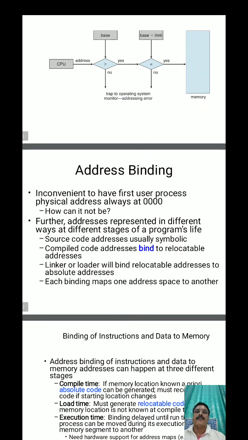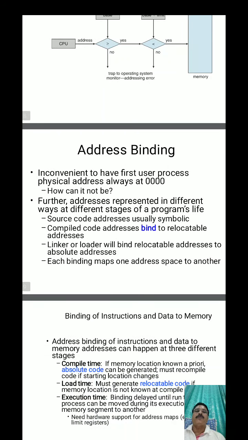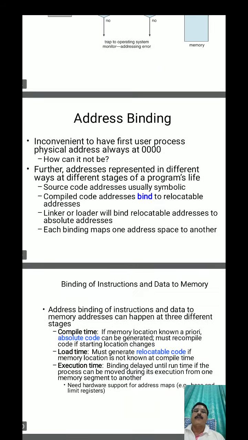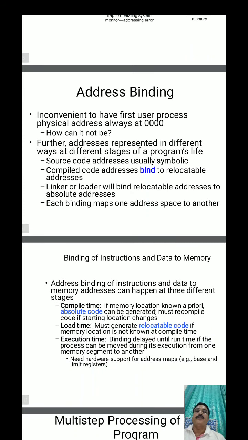Now let's move on to the next point, that is address binding. It is inconvenient to have the first user process start physically at address 0, because at address 0 normally the resident monitor program resides. Further, addresses are represented in different ways at different stages of a program's life.